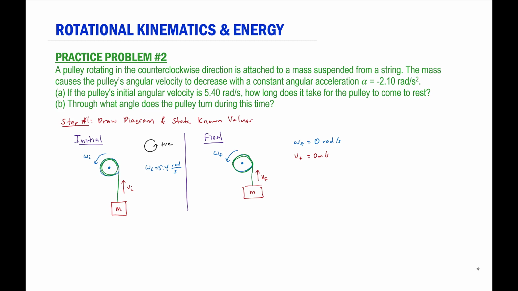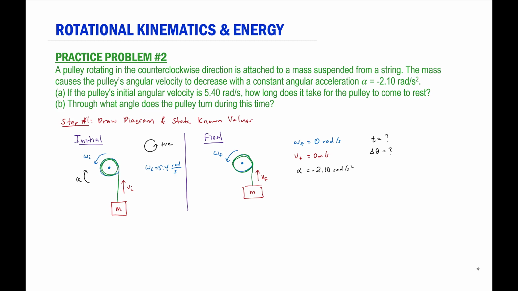So we have initial angular velocity, final angular velocity. We're also given angular acceleration, so that is equal to negative 2.10 radians per second squared. That makes sense. It means that we have angular acceleration going in the opposite direction of the positive direction. We're trying to find time, and we're also trying to find delta theta.